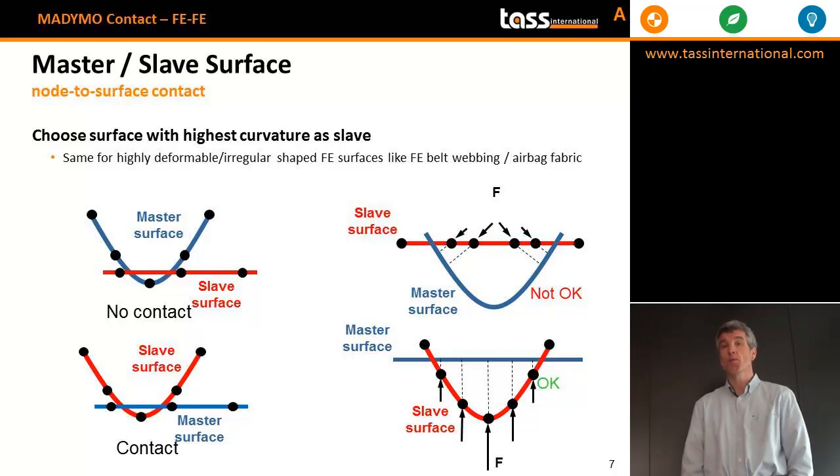That is probably the way you would expect that the forces are applied. As you already can imagine, with respect to the previous slide, choosing a master and a slave surface can cause conflicts. It's model dependent, and those slides are just meant as a guidance to make you choose the right way.